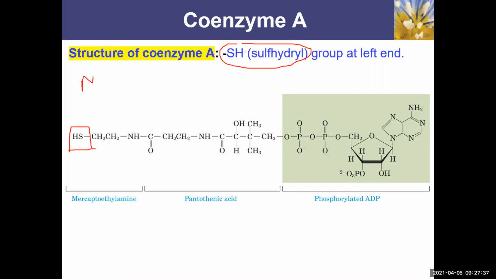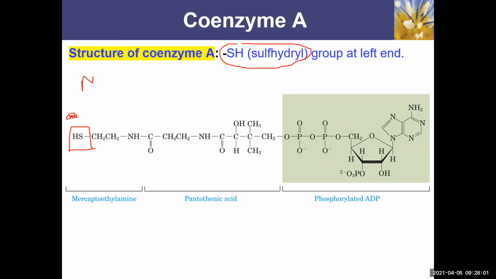It is this sulfhydryl group which attaches itself to various other groups, or other molecules can attach to this coenzyme at this part. For example, if you're wearing an abaya and you reach home, what do you do? You put the abaya in the hanger or on the peg, which is attached to the wall.